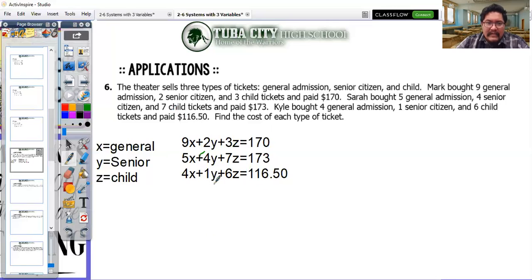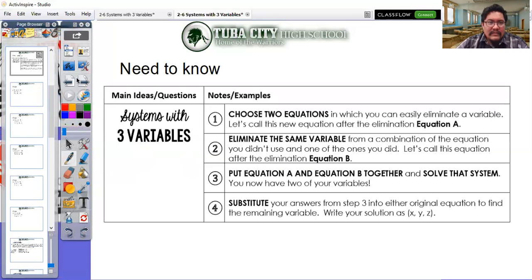And if I were to pick this one or this one, y makes things really easy, because since there's only one, I can multiply this by either 4 or by 2 and get matching y's. So I think that's probably the best way to do that.